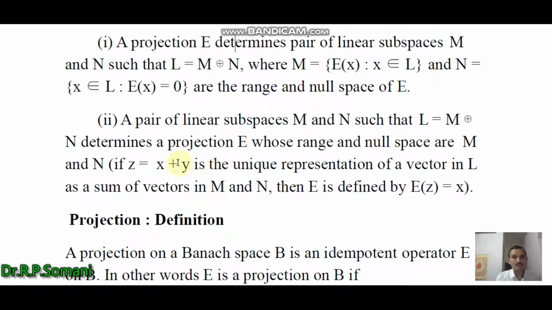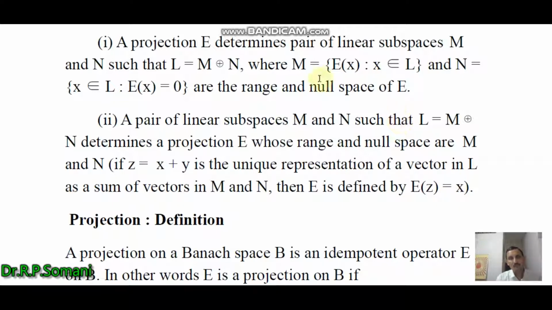Second, the reverse of this: a pair of linear subspaces M and N such that L is the direct sum of M and N determines a projection E whose range and null space are M and N. If z equals x plus y is the unique representation of a vector in L as a sum of vectors in M and N, then E is defined by Ez equals x.